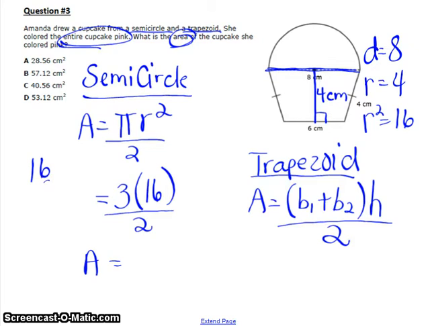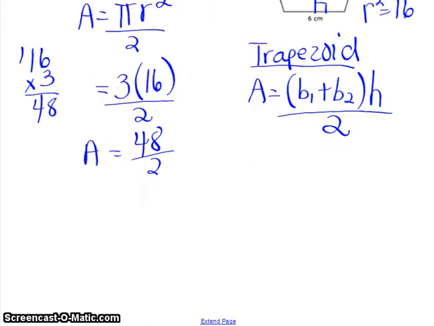So 16 times 3. 6 times 3 is 18. I'm going to put my 8, carry my 1. 3 times 1 is 3, plus 1 is 4. So it's 48 divided by 2.